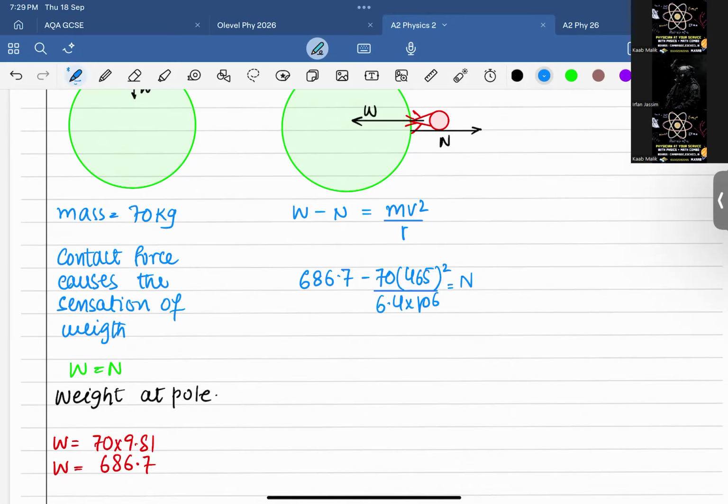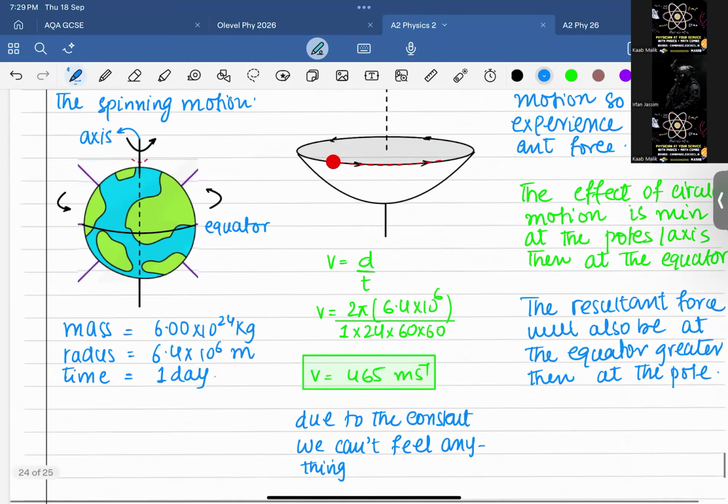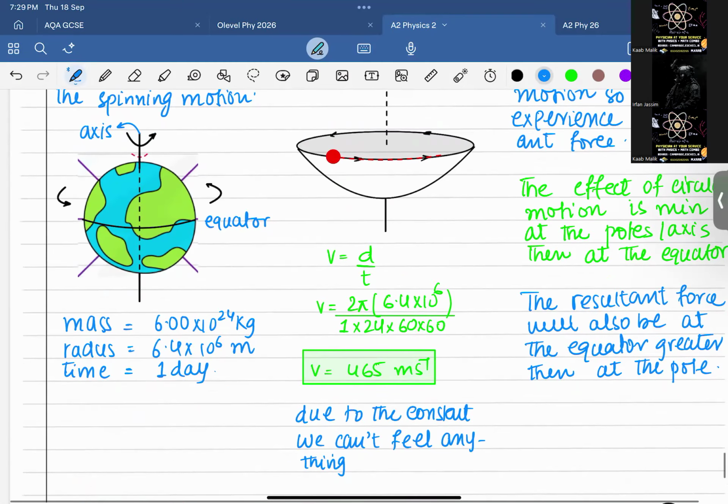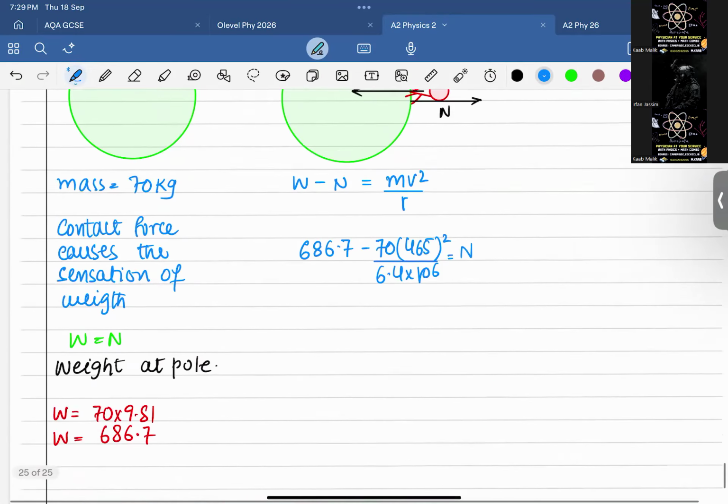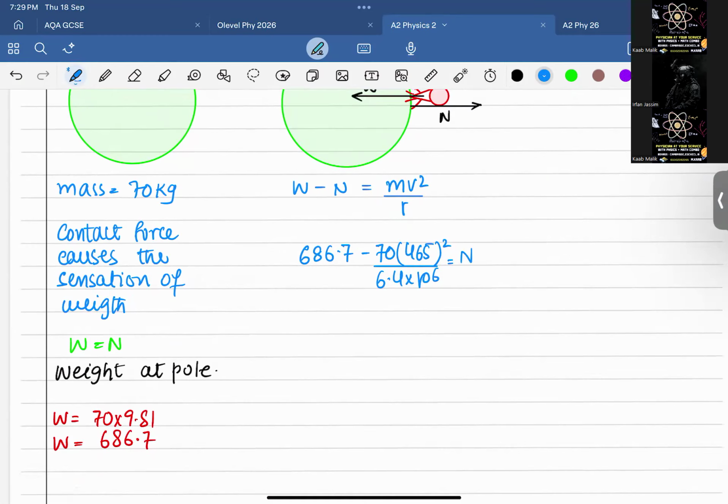686.7 again? It shouldn't be that value. It should be smaller than that. Oh, what did you do?